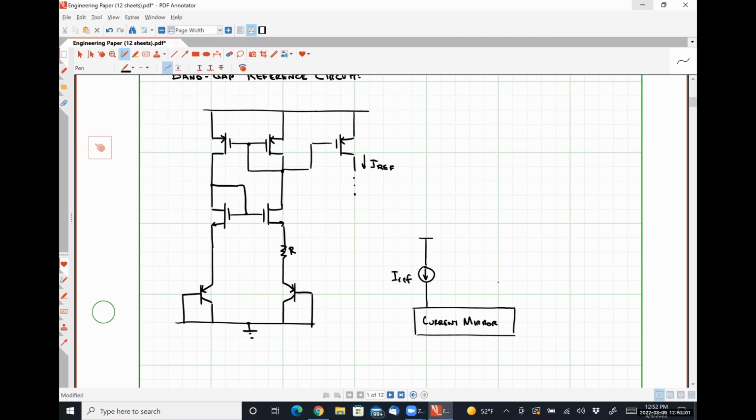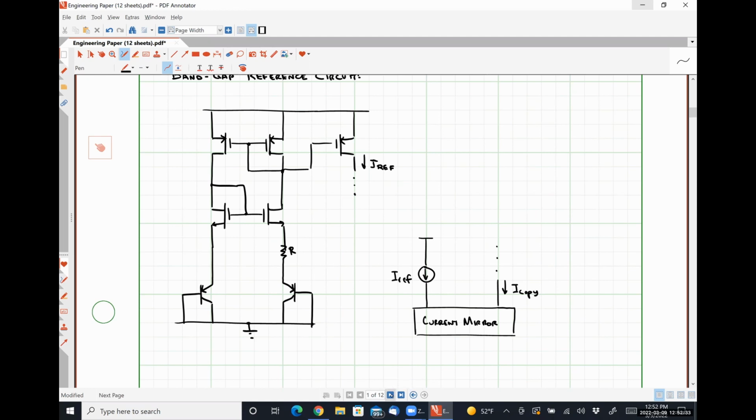And that current mirror circuit then generates a current, which we're going to call I copy. Okay. So we have a sense mechanism that measures what I reference is, and then a copy or generation mechanism that generates a copy of that current.